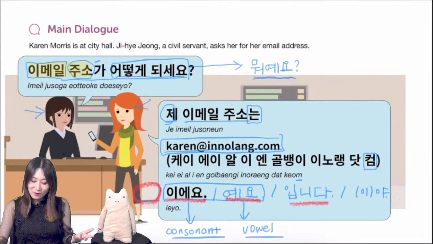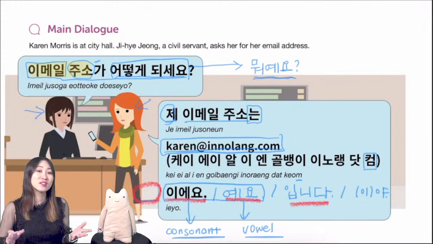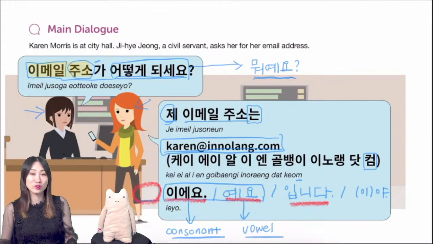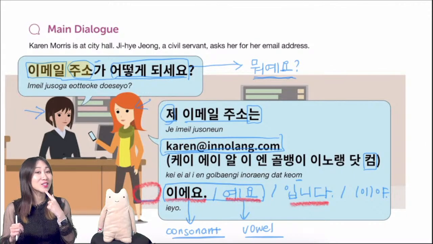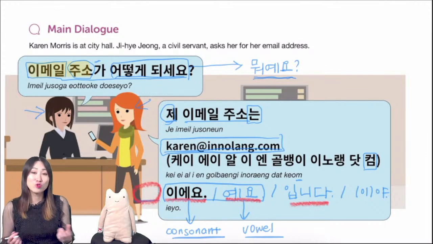It doesn't matter if the word coming before 입니다 ends with a vowel or consonant. You just put 입니다. So, for example, 사과입니다. It's an apple. 수박입니다. 수박 ends with a consonant, but I can use 입니다.